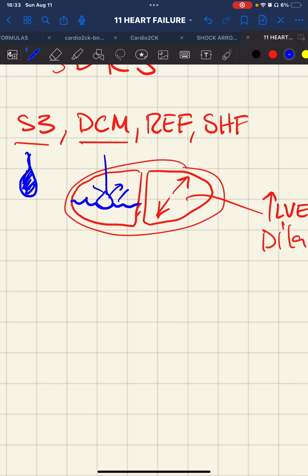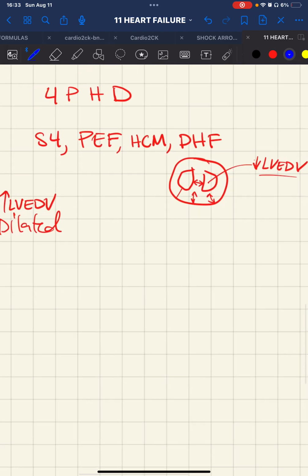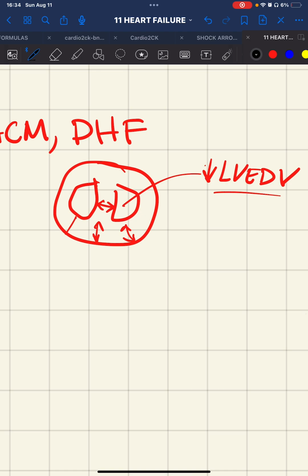And it's going to splash and make a sound as the water collides, versus in diastolic heart failure, where it's going to go in and hit the hard wall.